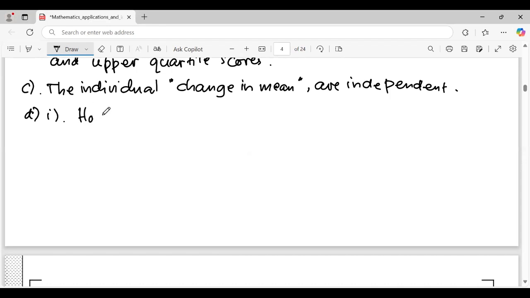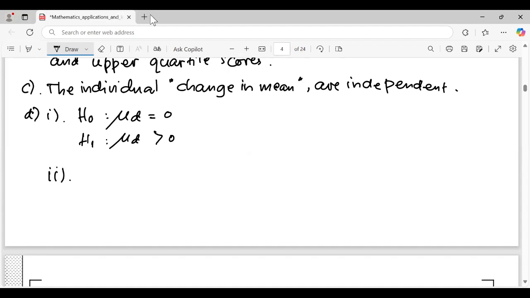The null hypothesis is mu d equals 0, and the alternative hypothesis is mu d greater than 0. Mu d represents the mean of the differences from table 1.